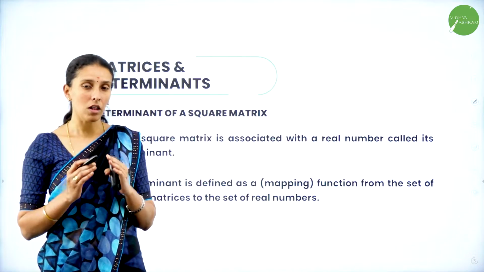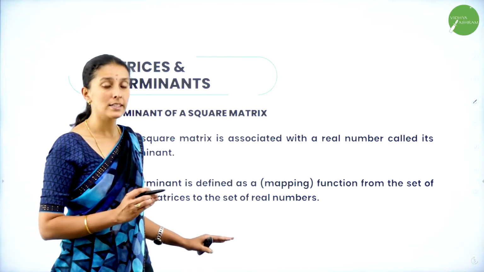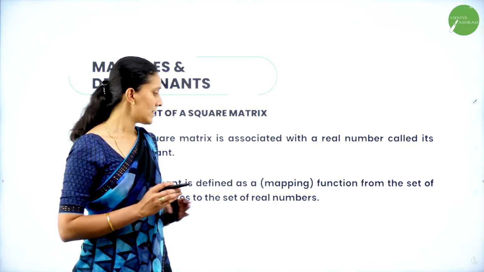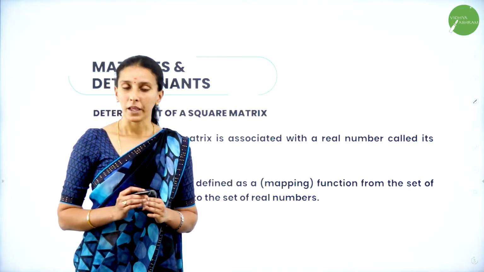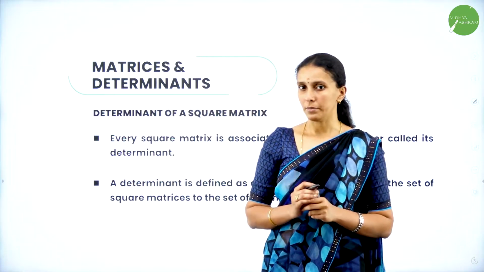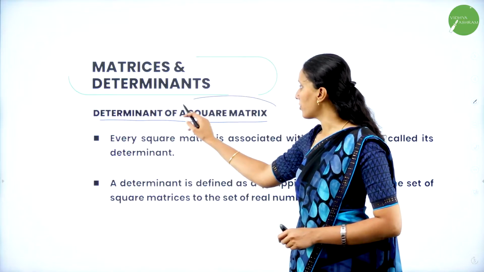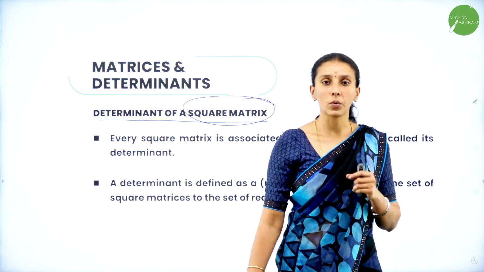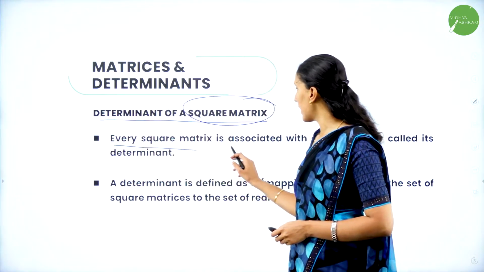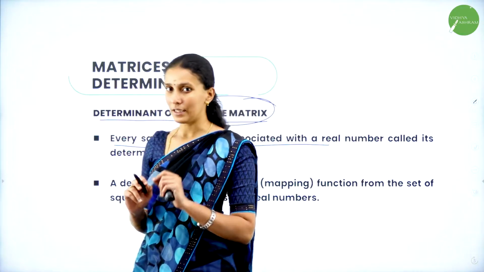That is, you can call the domain the set of matrices, especially square matrices, and the range the set of real numbers, because the value for a square matrix will be a real number. Hence, every square matrix is associated with a real number and its value is called the determinant.